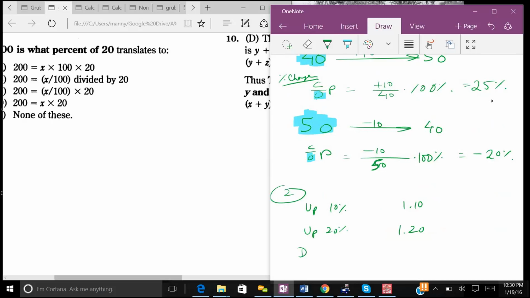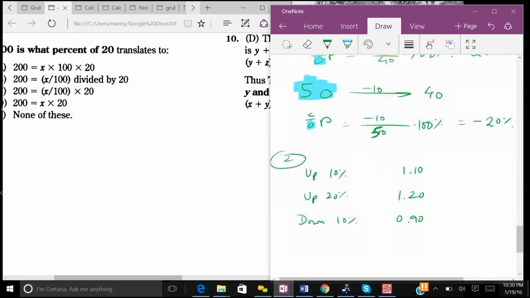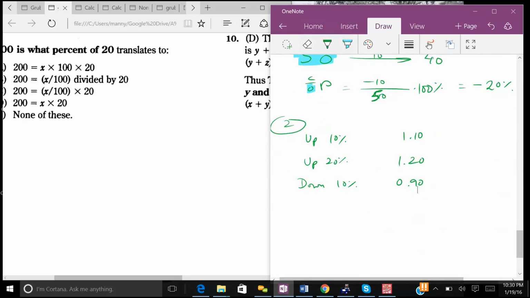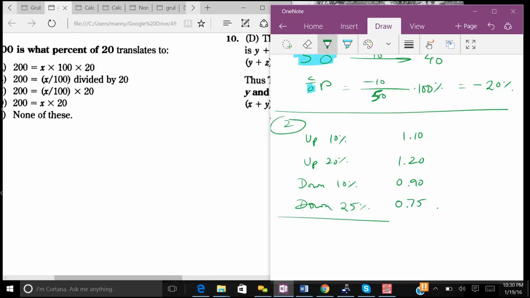Something goes down 10%, you multiply that with 0.90. Get it? Something goes down 25%, multiply that with 0.75. You see the pattern here? Yes. Okay. You need to know this pattern, and that will make you much faster in the test.